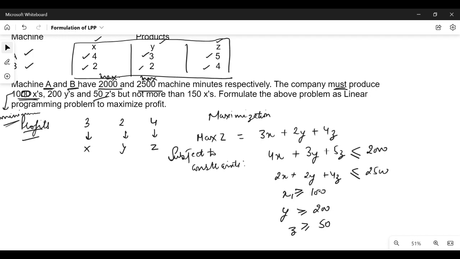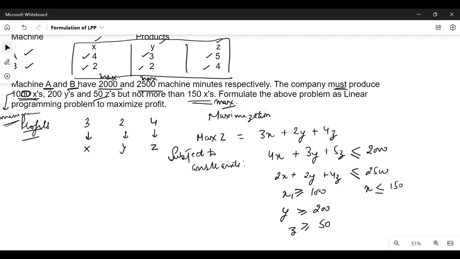These are the minimum limits for x, y, z. But here it is given that not more than 150x, meaning the maximum production in case of x unit is 150 units. So in that case we write that x should be less than or equal to 150, meaning the production of x unit should not be more than 150.